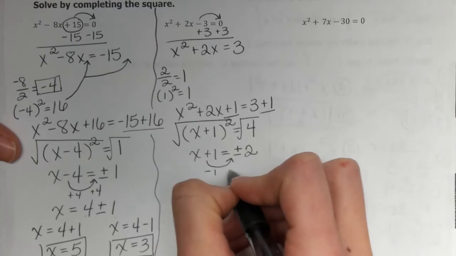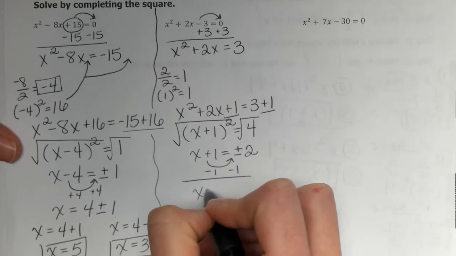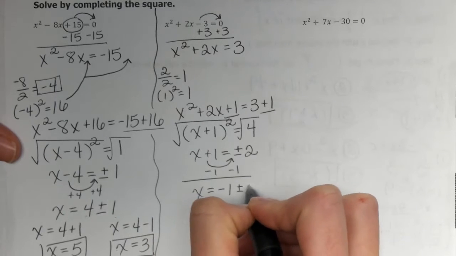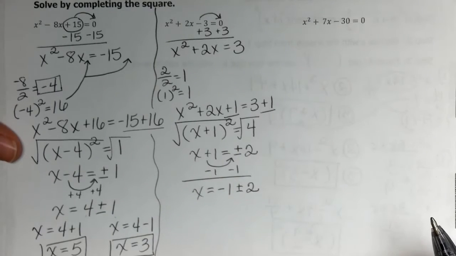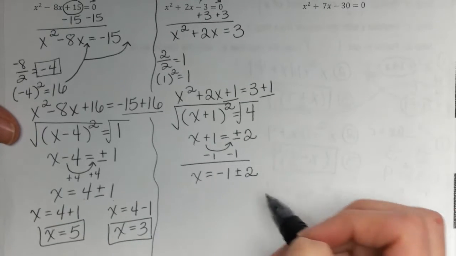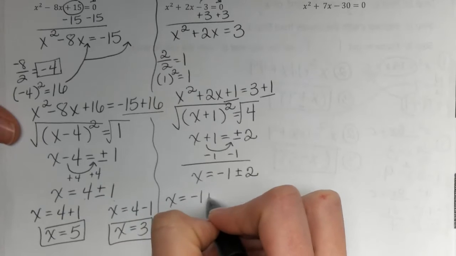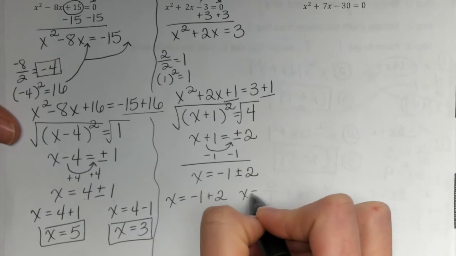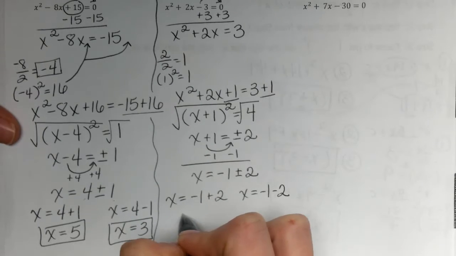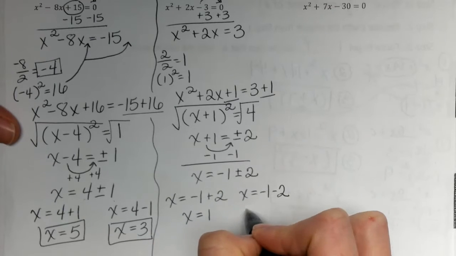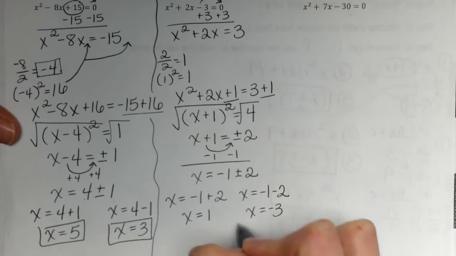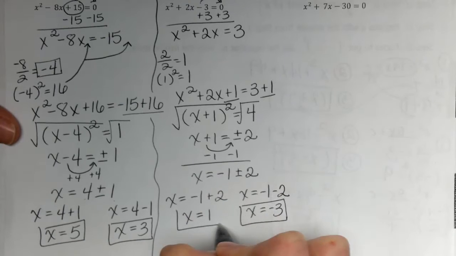I'm going to subtract my 1. Okay, but because it was a perfect square, I've got whole numbers that I can combine, so I'm going to have x equals negative 1 plus 2, and x equals negative 1 minus 2. So my x values are 1 and negative 3.